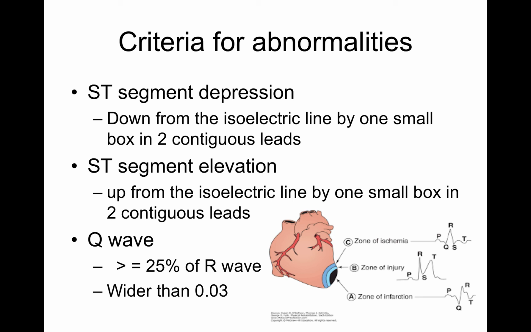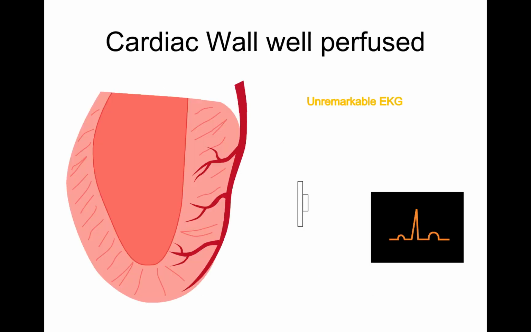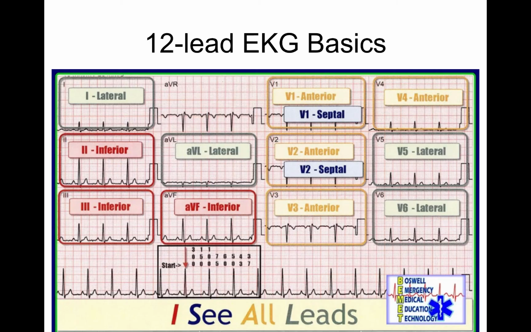We're going to talk about looking at ST elevation in two contiguous leads. When you have a 12 lead, you're going to see a couple of things. You're going to see 3 seconds here, 3 seconds here, 3 seconds here, and 3 seconds here.